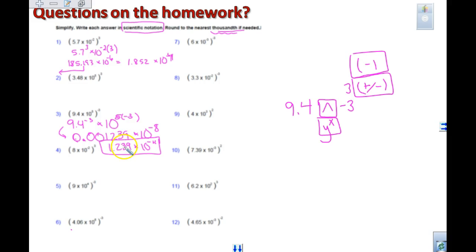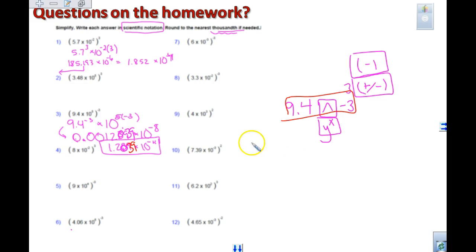Is that right? 0.012039, that's where it's on. So that answer is okay. So 0.012039 is what you should have had, when you put in 9.4 to the negative 3. Okay? So at this point, you have this really small number.